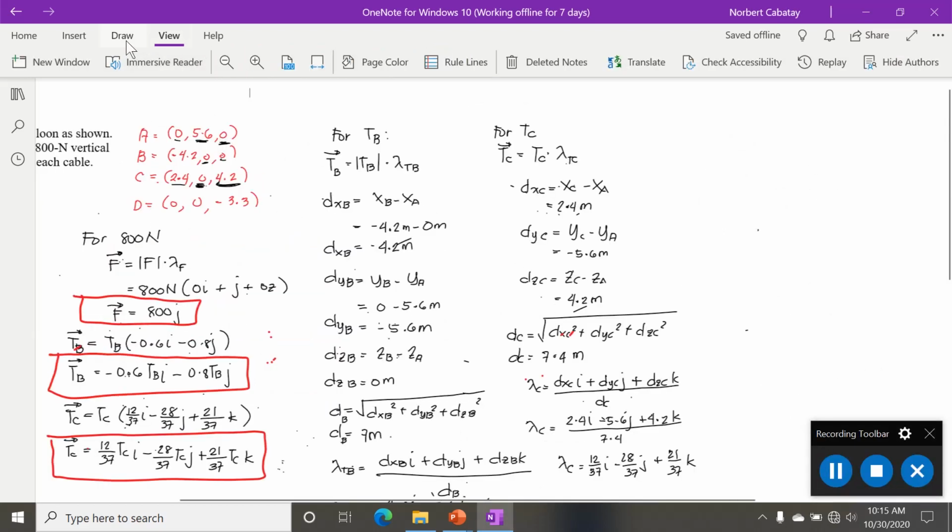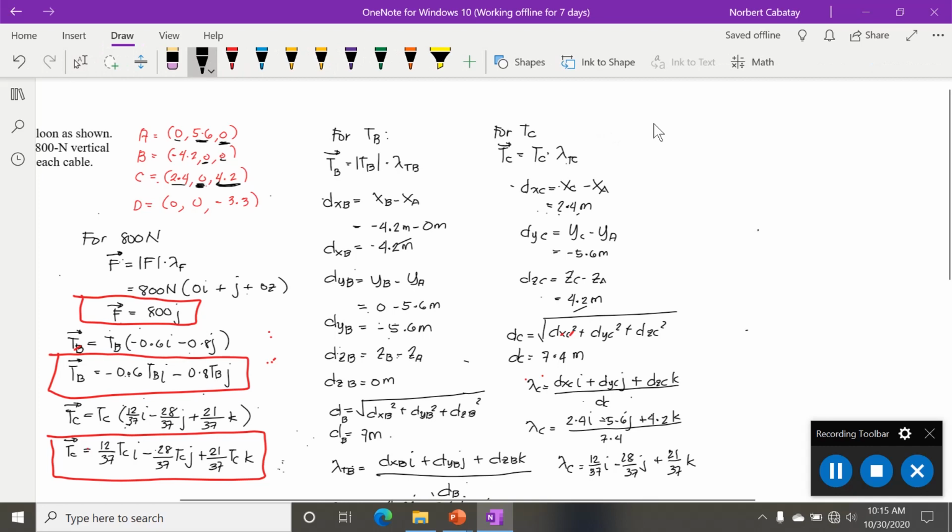For the T sub D, yan. So, again, the vector T sub D is equal to its magnitude multiplied by its lambda. Kaso, we need to solve for the lambda. Its distance d sub xD muna. It's x of D minus x of A again. It's final minus initial. So, ito, minus nito, you have 0 meter.